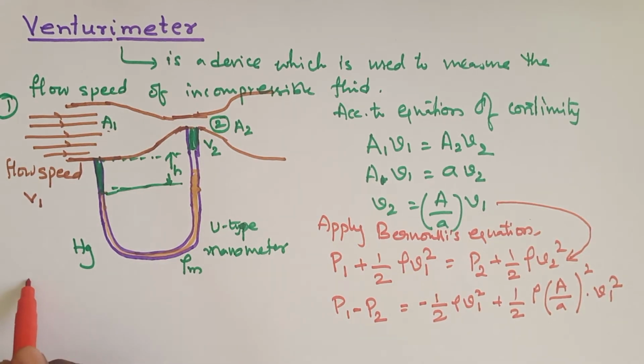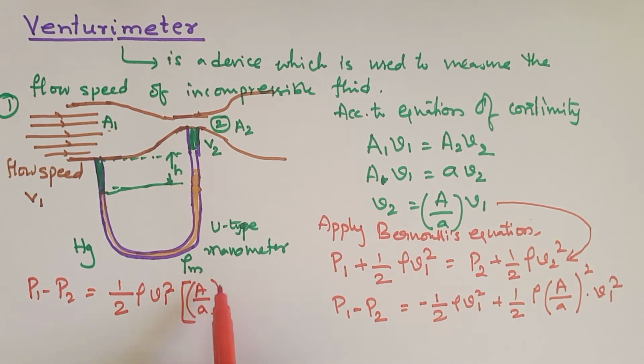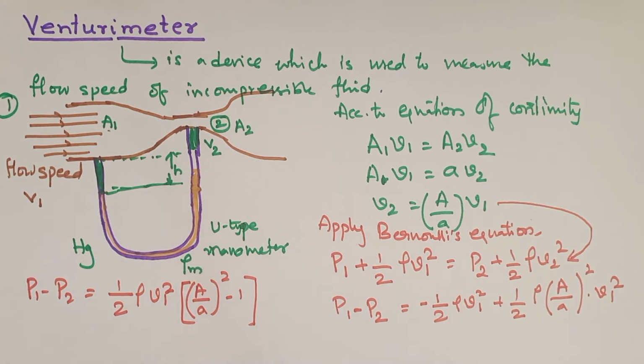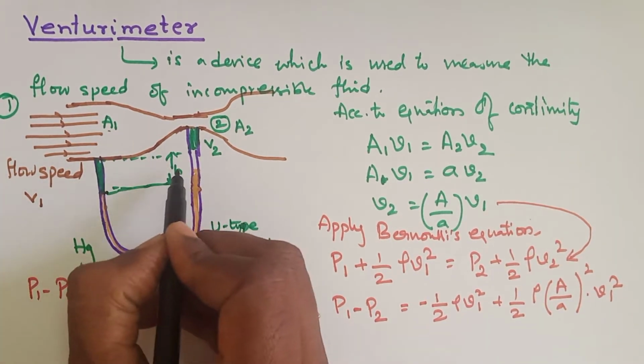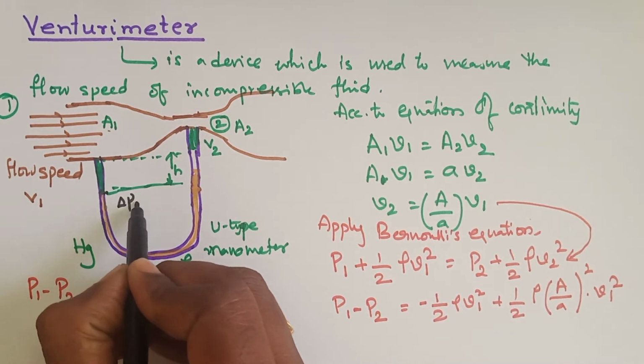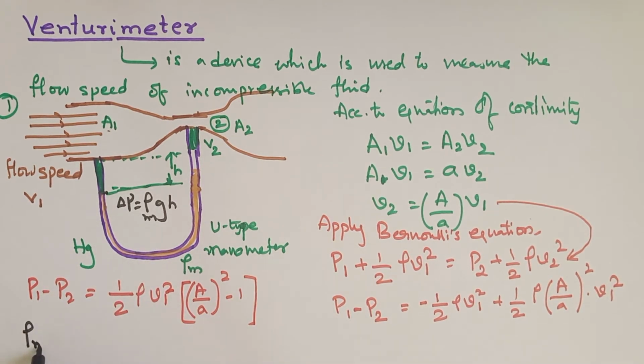So what you will get is P1 minus P2 is equal to, taking half rho V1 square common, half rho V1 square into A by a whole square minus 1, right? What is P1 minus P2? What is the pressure difference? Here the pressure difference is delta P, equal to rho m g h. We already learned this, rho m g h.